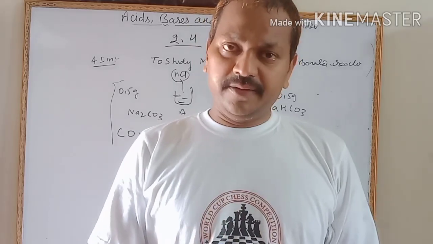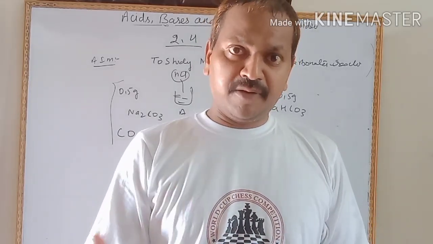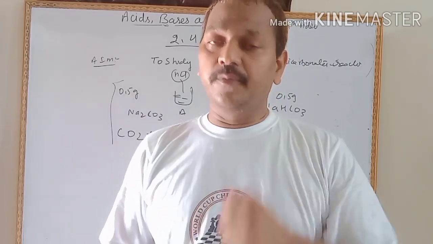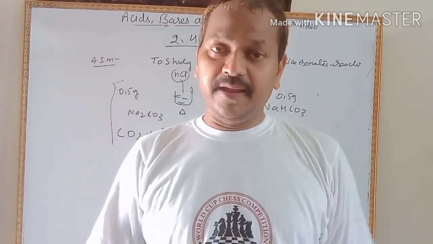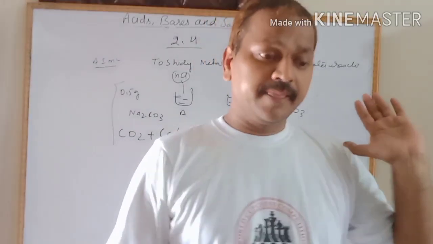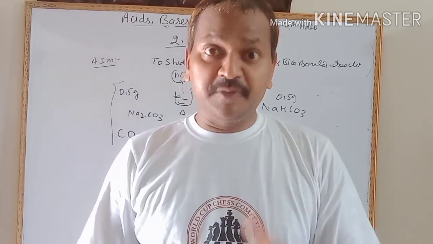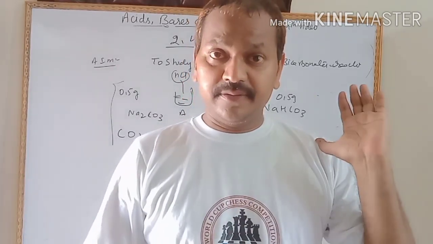The conclusion point is very important. All metal carbonates or bicarbonates, when they react with acids, form corresponding salts, water and CO2. CO2 passed through lime water turns it milky, and with excess CO2 the milkiness will disappear due to the formation of calcium bicarbonate. This is the point.